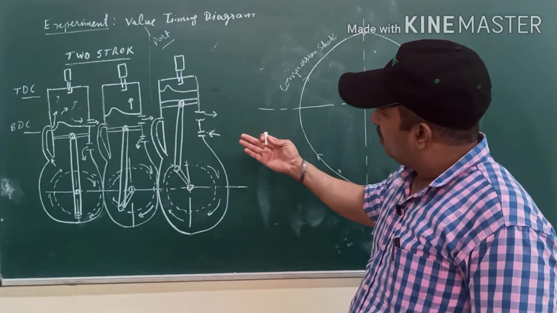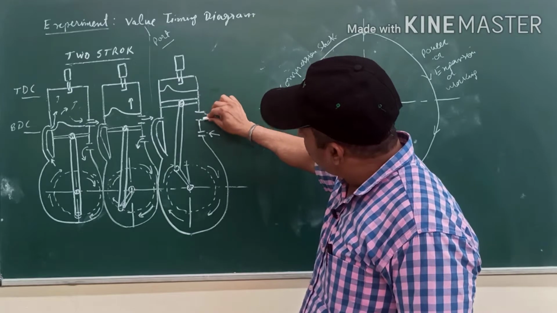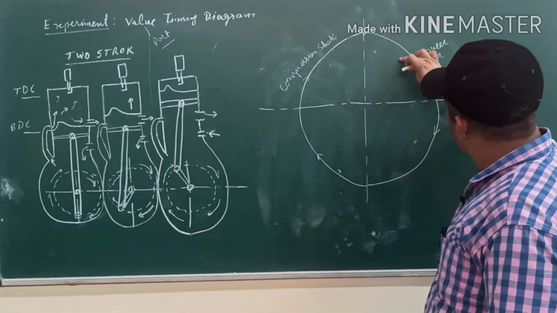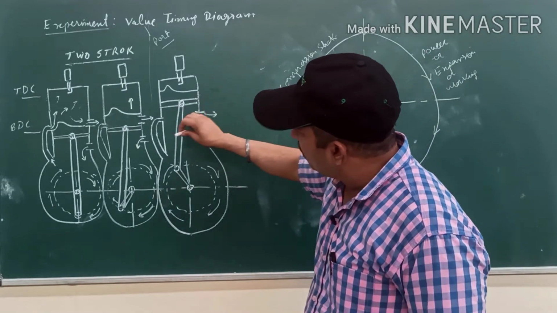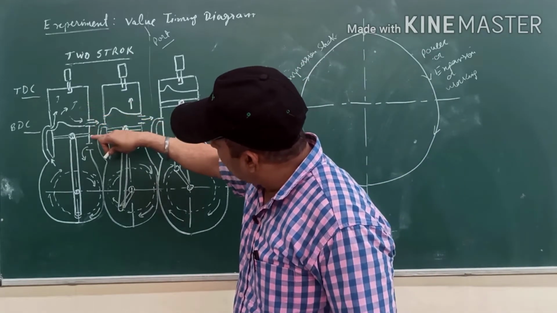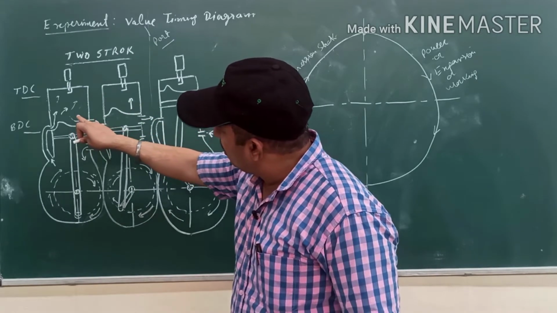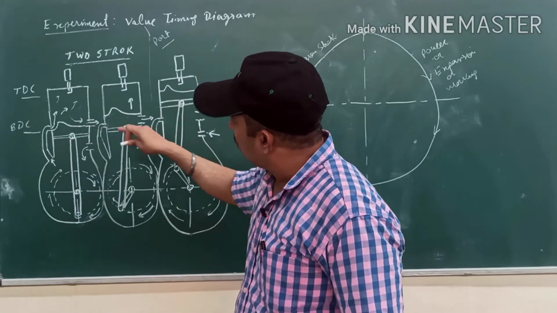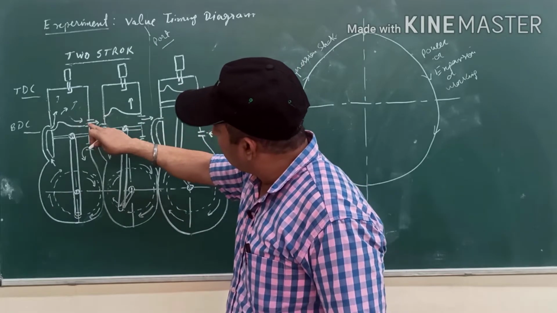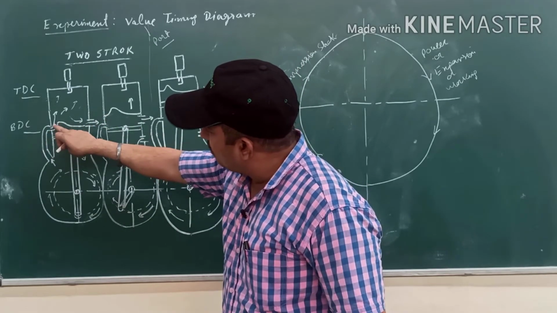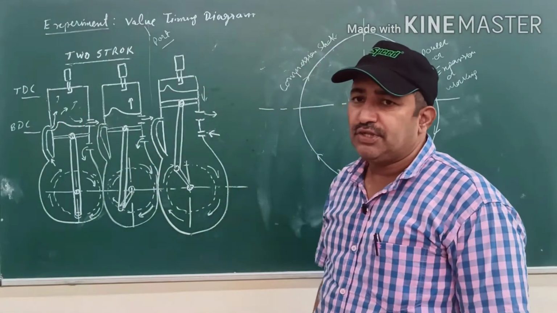So let's see. When piston moves from TDC to BDC, this is your power stroke. You can see this piston is at BDC. After the power stroke starts from here and the exhaust gas is out, you can see the transfer port open and air-fuel mixture enter inside the combustion chamber.